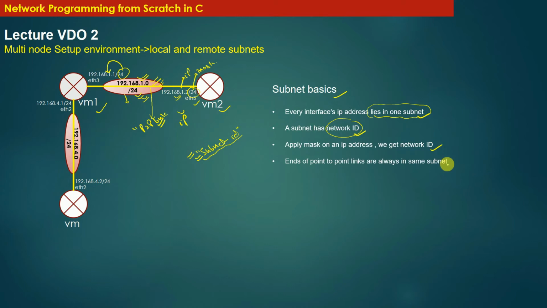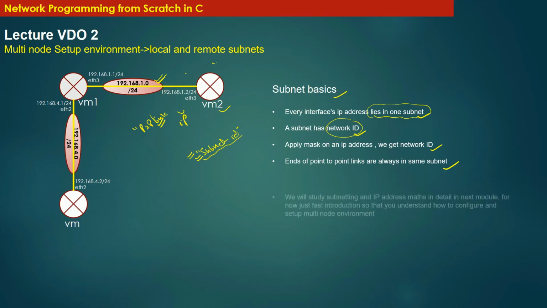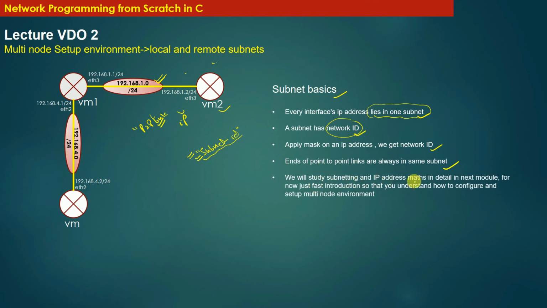The ends of a point-to-point link are always in the same subnet, and that subnet ID becomes the network ID of that point-to-point link. So a point-to-point link forms one subnet. We will study subnetting and IP address maths in detail in the next module; for now this is just a fast introduction.